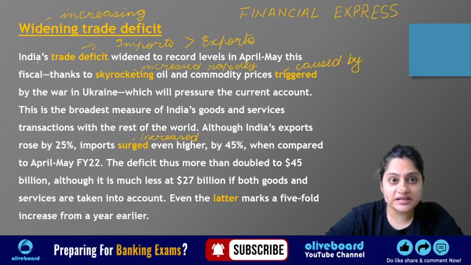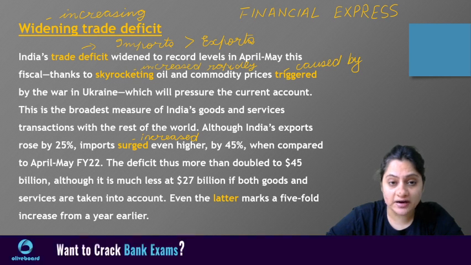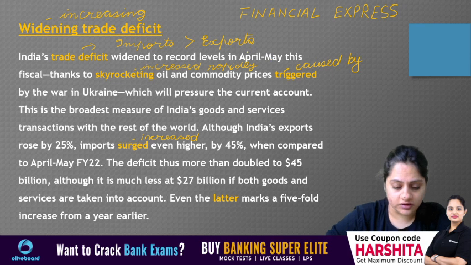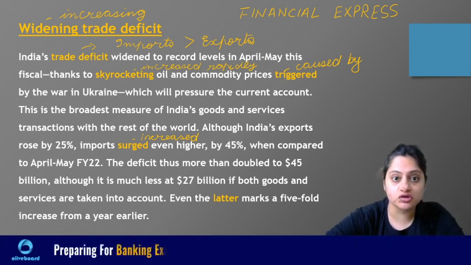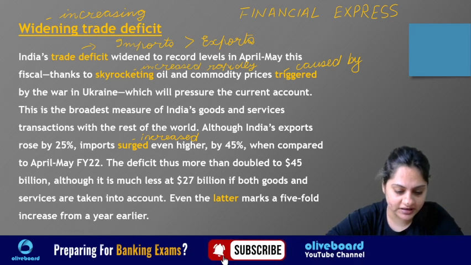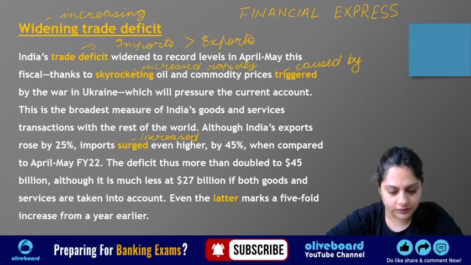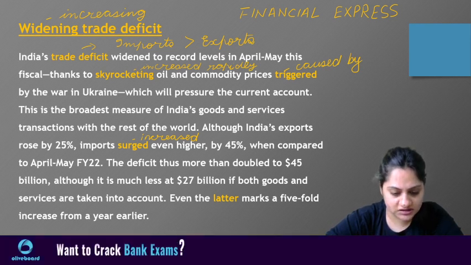So India's trade deficit widened, it increased to record levels in April or May. When I say record levels, it means something which was recorded in the past, which was not normal, the highest level.